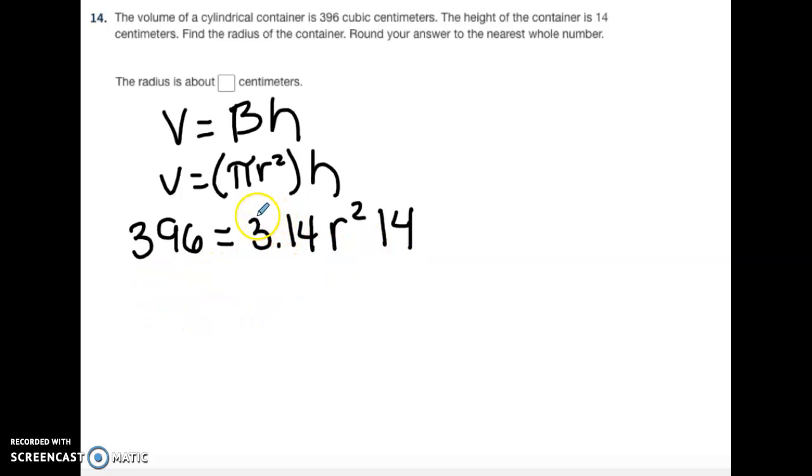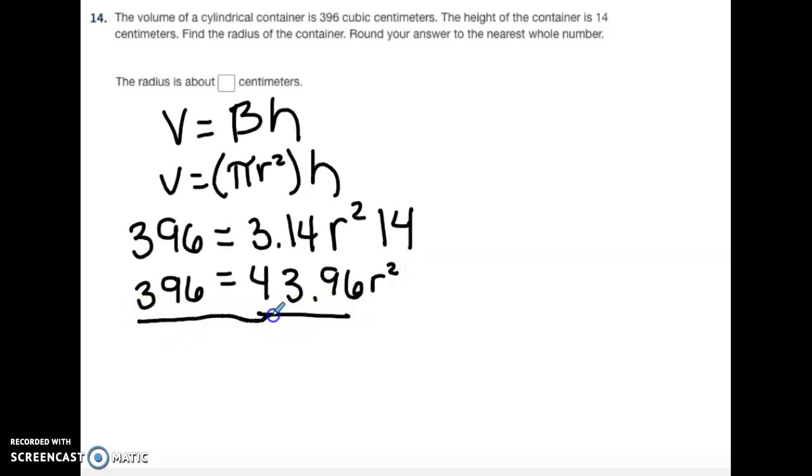So first thing I'm going to do is 3.14 times 14. Bring down the rest of the problem. 3.14 times 14 is 43.96. We want to get r by itself, so let's divide both sides by 43.96. 396 divided by 43.96.